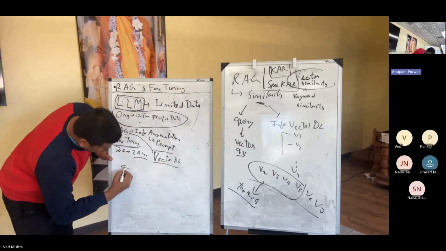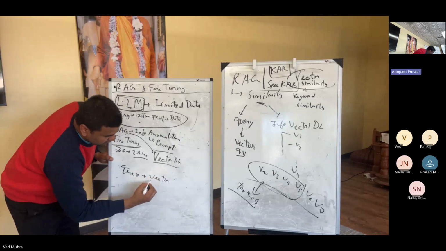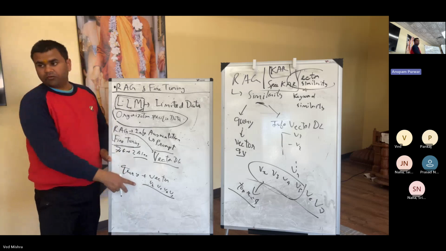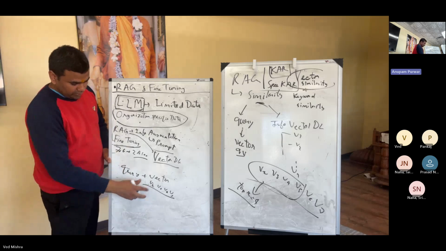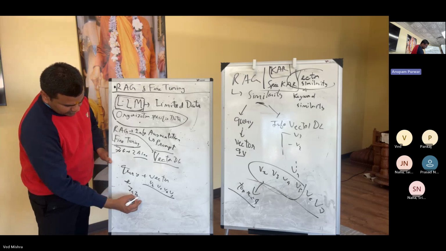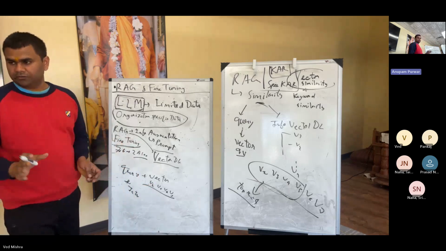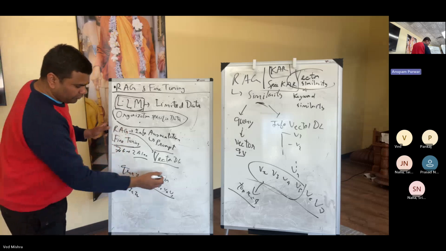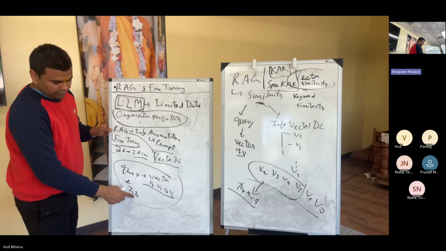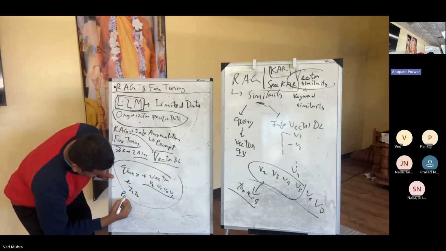Now you have your query plus vectors, say V2, V3, V4, V5, top k of 4, plus whatever other instruction is given, for example: given this query and this context, now respond. That can be your overall prompt. This is the prompt that goes into the LLM.